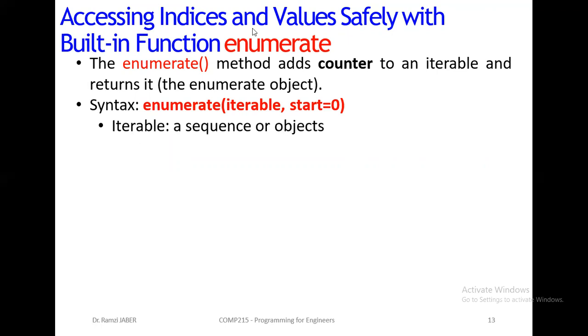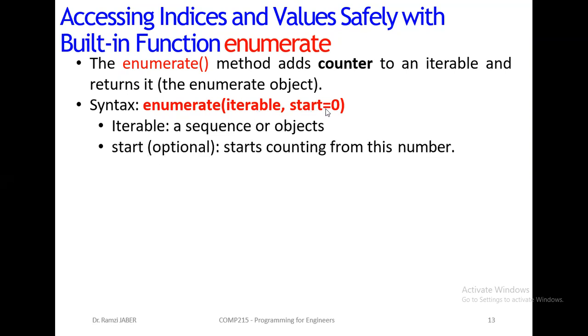Here, iterable is a sequence or object, or tuple or list or range, anything you want. Okay? And here, start equal to 0 is optional. It starts counting from this number. If I want to put start equal to 2, the first element in the list will have index 2.